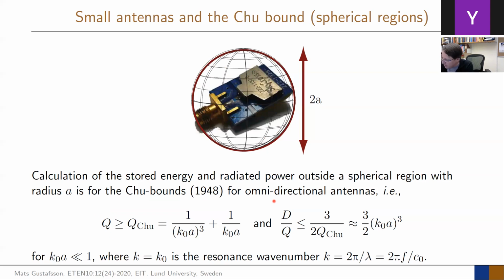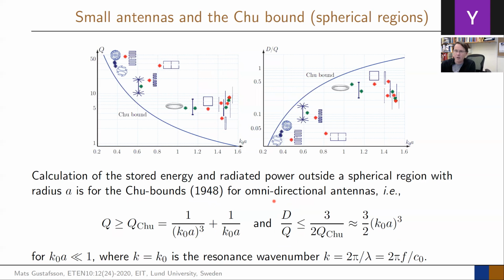If we would like to, we can look at another quantity, which is the directivity related to this, and that follows the same type of behavior. So it's basically 1.5 divided by the previous one, and that's because it's a dipole that sits there. So for a typical radiator here, that is then 1.5 over Ka to the power of 3. And if we look at some typical antennas, many different types of antennas, here you can see some dipoles.